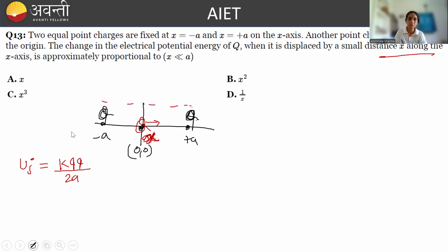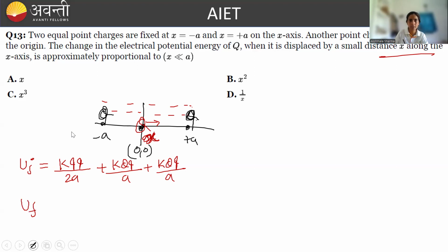And then there will be potential energy because of these two charges and these two charges, because while calculating potential energy, we take two charges as a pair and we take all possible pairs. ठीक है, I have taught it in the class also. So यहाँ पे अगर आप लिखोगे तो कितना होगा, KQQ by a plus KQQ by a. So this is going to be our initial potential energy.